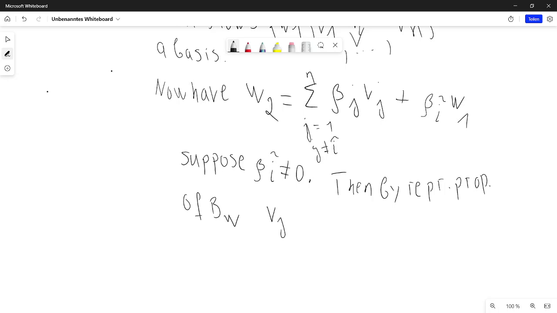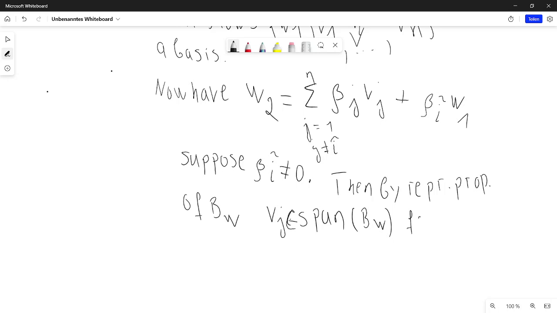And being able to be represented just means it's in the span of b double, right? It means exactly that it's a linear combination because elements of a span are defined as linear combinations, right?